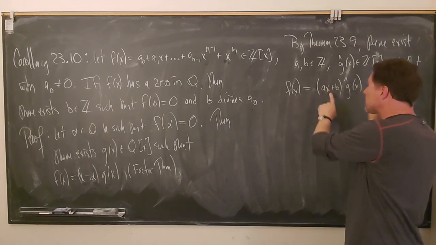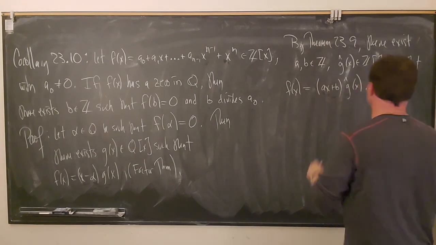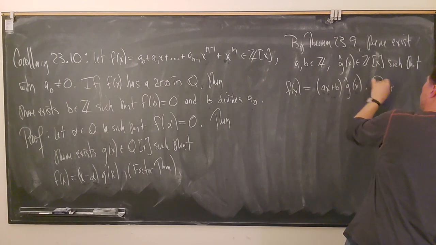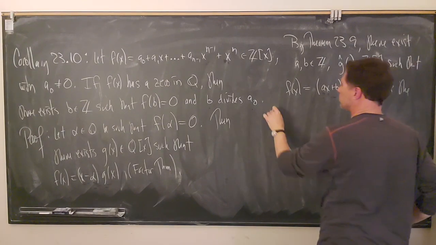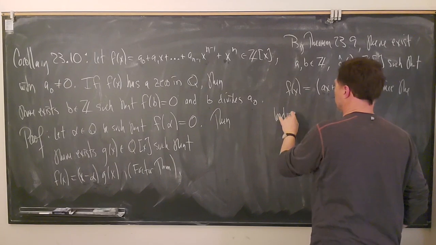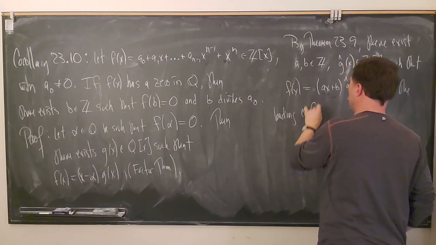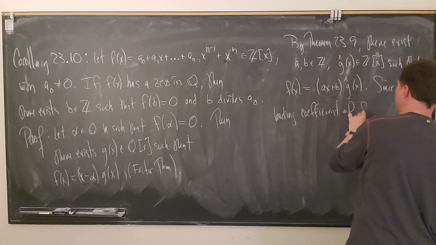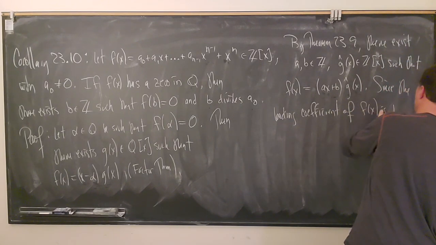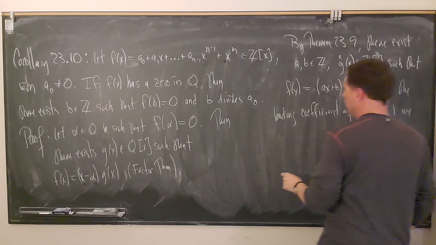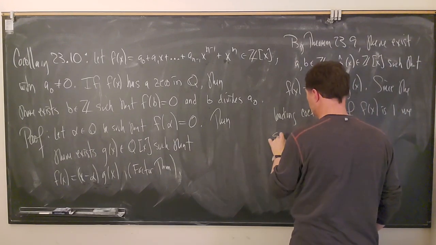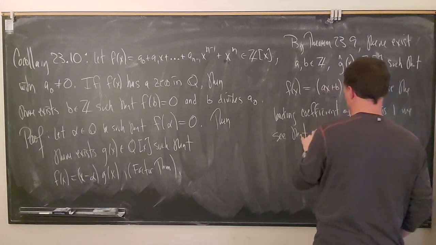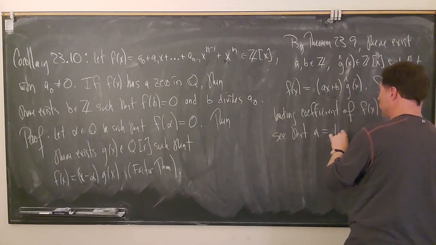That has to give us 1, which means that a equals 1. So since the leading coefficient of f of x is 1, we see that a has to equal 1.